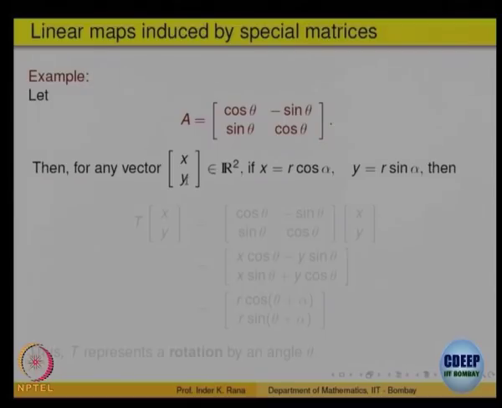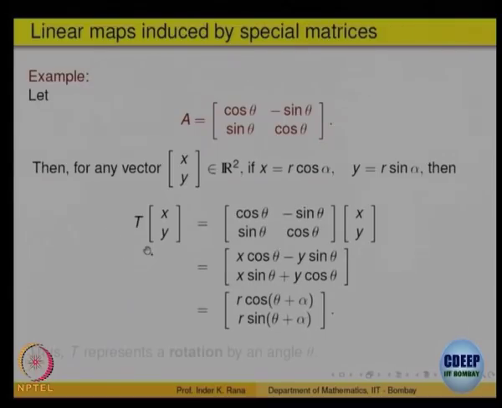When you compute T of x y, the image is the matrix multiplied by the vector. What was x? x was r cos alpha, y is r sin alpha. So, when you put these values, you get r cos alpha cos theta minus r sin alpha sin theta, and using the trigonometric identities, what is this? r of cos of theta plus alpha, and this is r of sin of theta plus alpha. So, what has happened? Earlier the point had polar coordinates r cos alpha, r sin alpha.